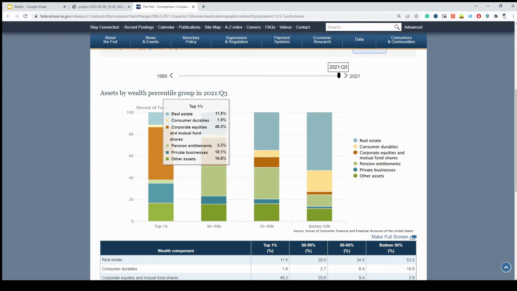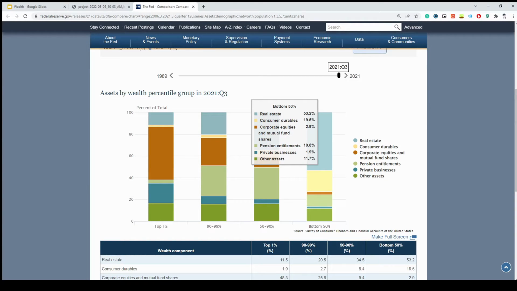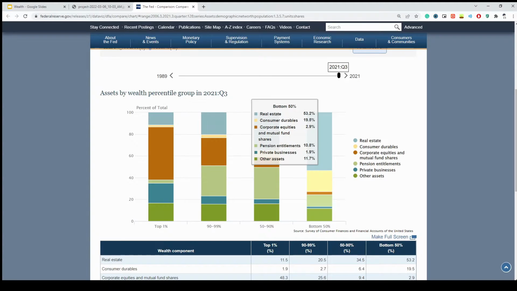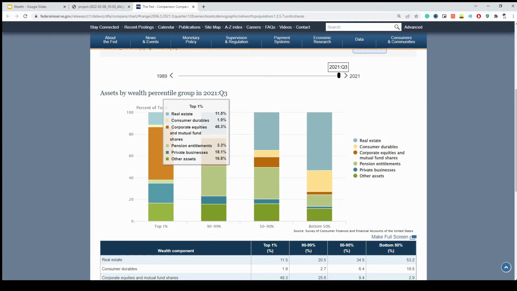You see private businesses in the top 1% is 18.1%, and then the mutual funds and equities are at a whopping 48.3%, whereas for the bottom 50%, corporate equities and mutual funds barely account for anything, 2.9%, and private businesses are merely almost 2%. So this drastic difference is what creates the wealth gap.